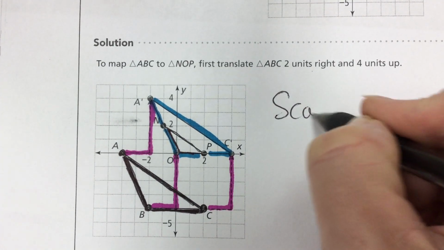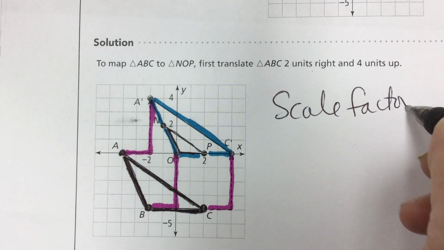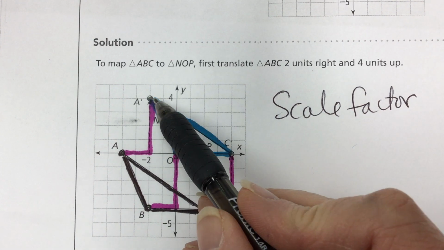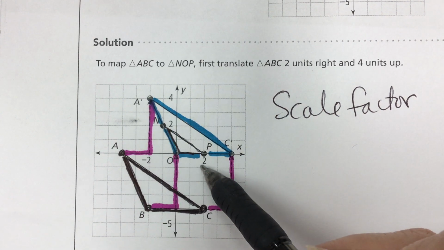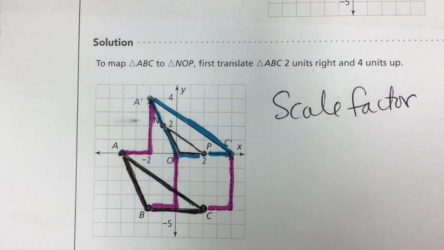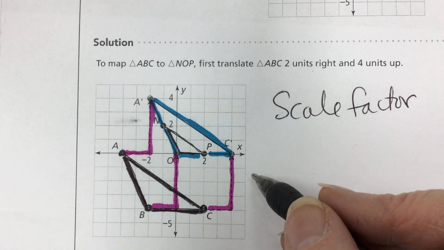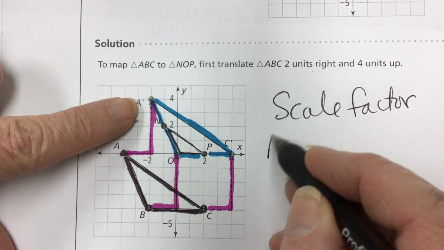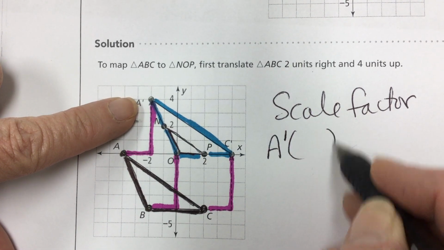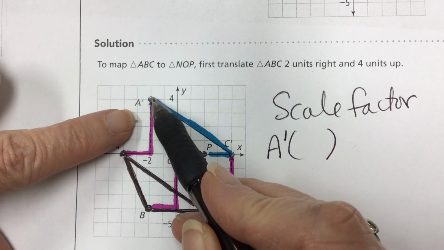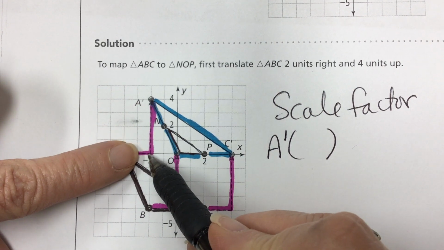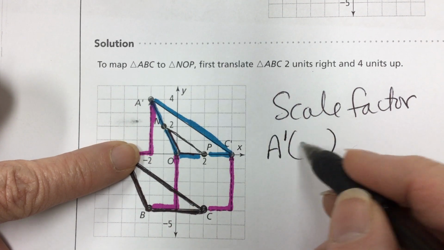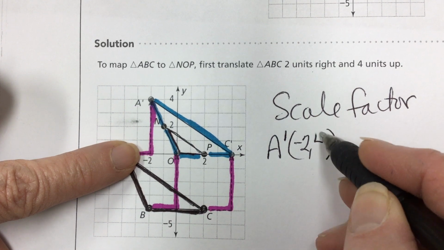Next, we have to determine the scale factor. What is the scale factor from going from the larger triangle to the smaller triangle? Let's take A prime. A prime's ordered pair is to the left 2 and up 4: negative 2, 4.